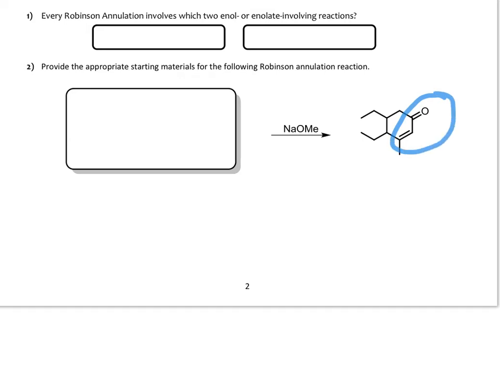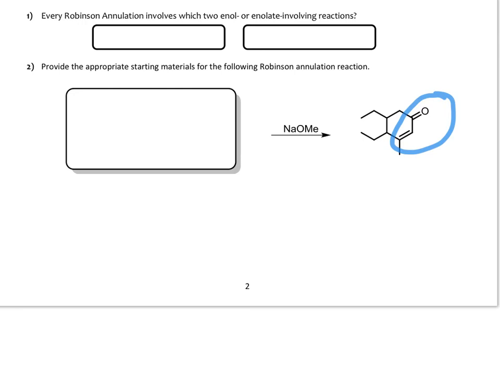It could be an aldehyde. In the case of Robinson annulation reactions, you always end up with a cyclohexenone.